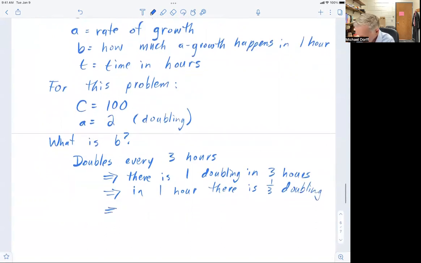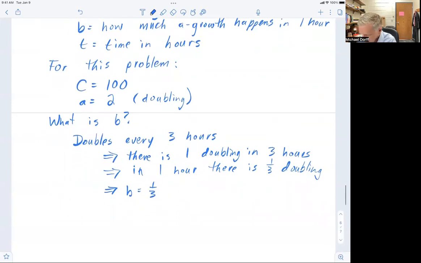So that means we're going to say b is 1/3. All right. So it's 1/3 of a doubling in 1 hour.